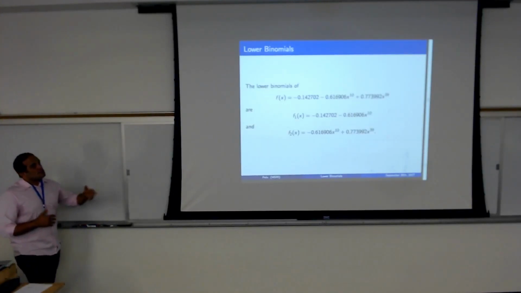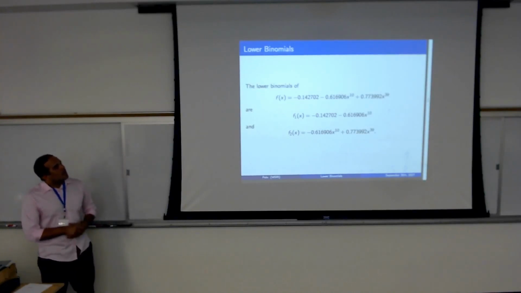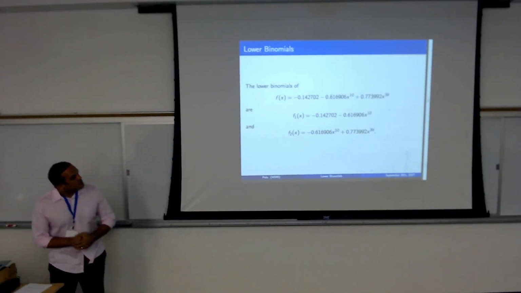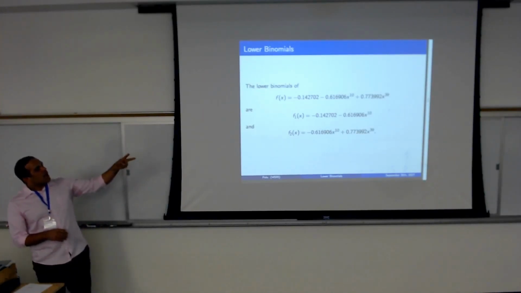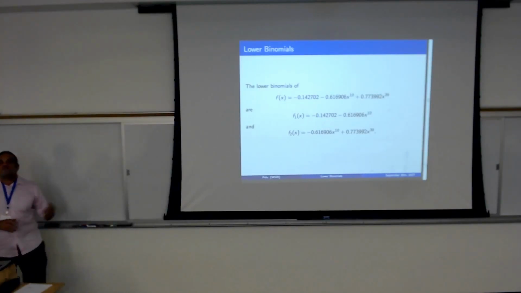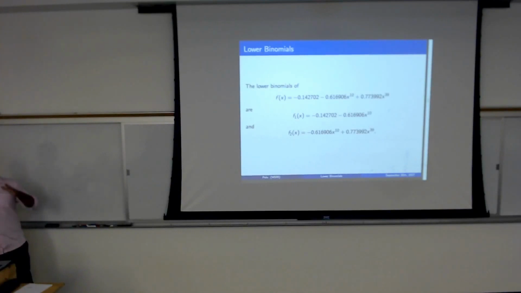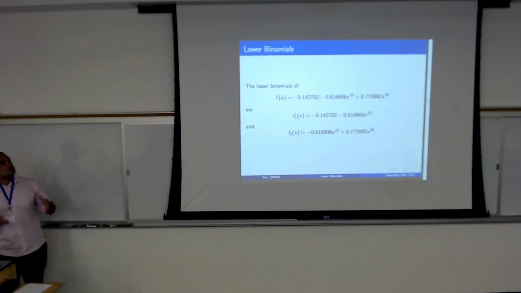And remember the case that we started analyzing, this case of x to the 39. In this case, the lower binomials are precisely f1 and f2, and for that reason we got nice approximation between the roots of f and the roots of f1 and f2.